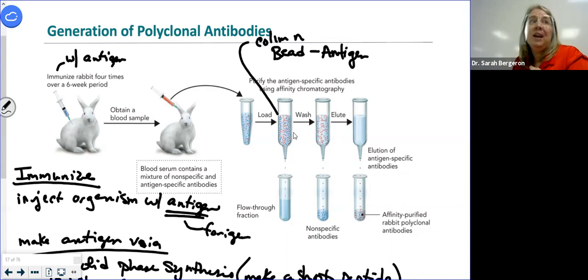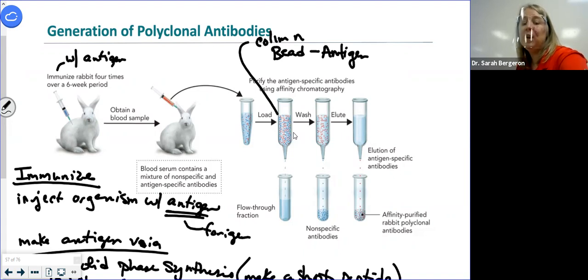Only the antibodies that are to my antigen. You've got to think about this as an organism. How many different antibodies are floating around in its bloodstream? So many. I don't want them all. I only want my antibodies that are specific to my antigen, so I wash it over a column that has my antigen attached to it.